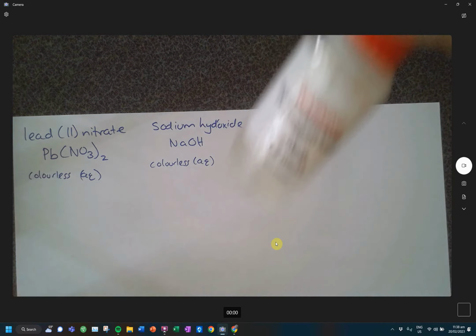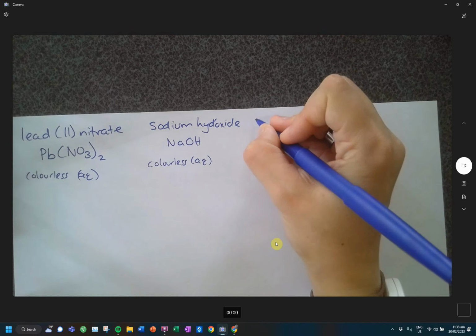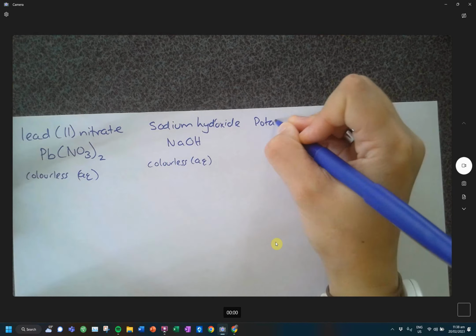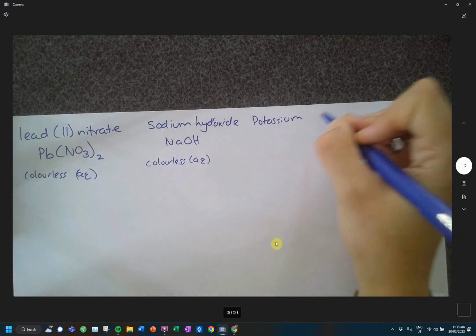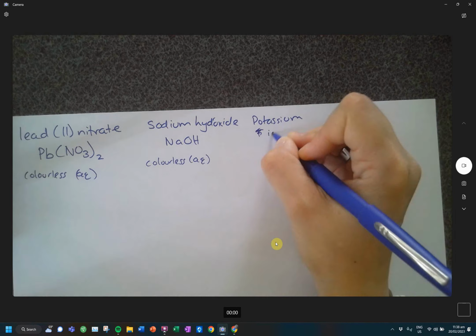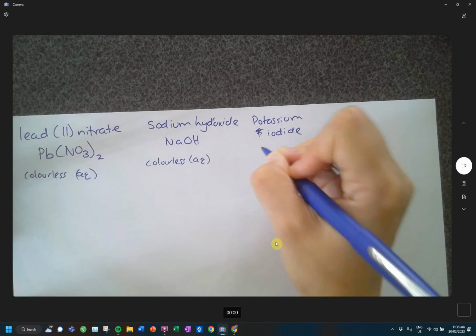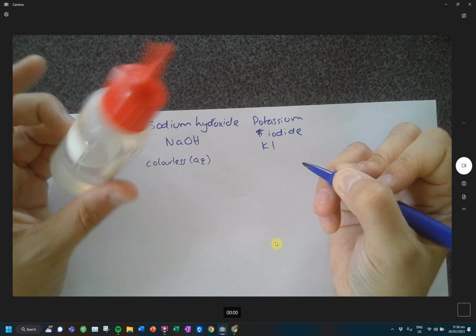Right after that, we have potassium iodide. I'm running out of space, so how am I going to squish it? Iodide. And again, color? No color.